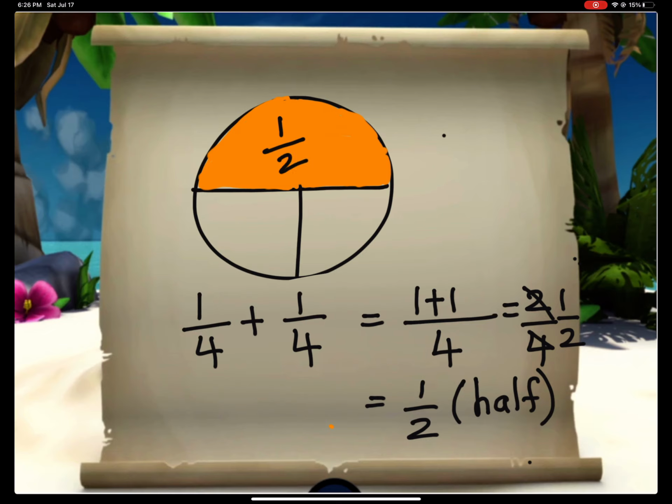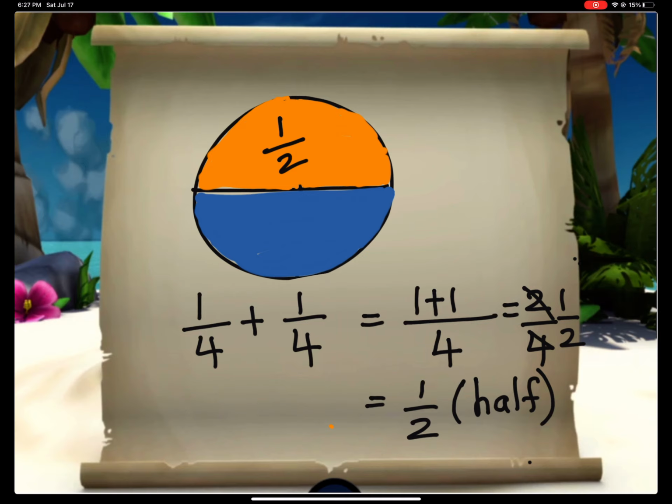That means half of the whole. So the yellow part is half of the whole. Okay, half. HALF. Half of the whole. Whole spelling is WHOLE.